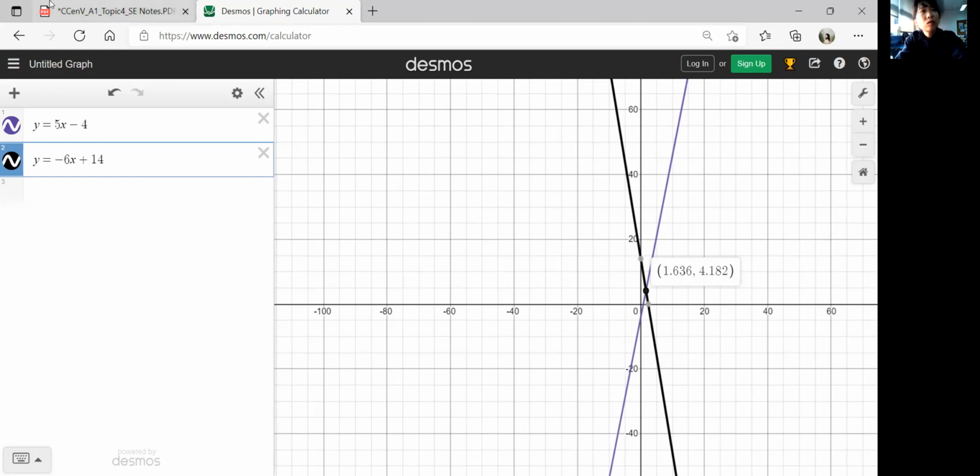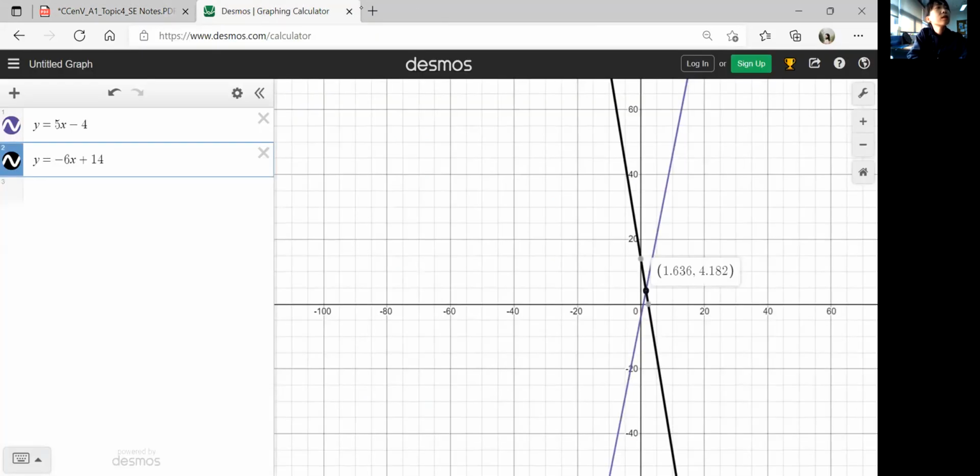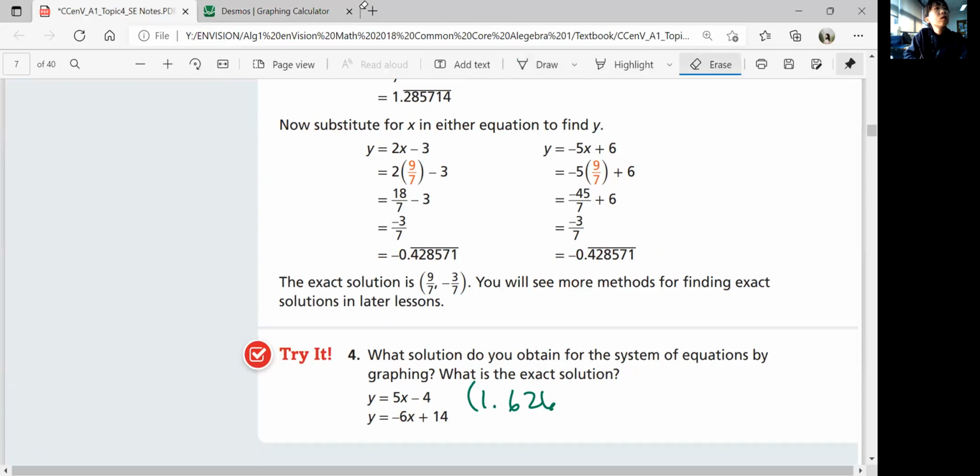Okay, but what is the exact solution? We're going to solve them out.